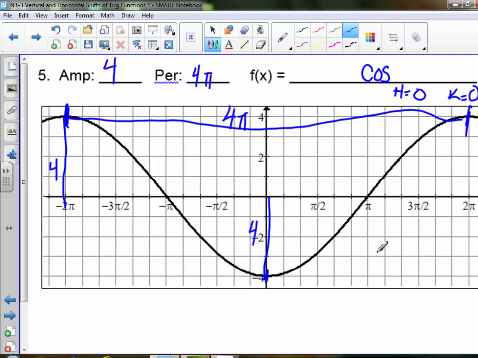It happens that it goes down normally. So since this one's going up, that means we reflected. So A would have to have been -4. Okay, B is 2 pi divided by P. So 2 pi divided by 4 pi, which is 1/2. Okay, so -4 cosine 1/2 x. Awesome. Now get busy on A3-3.